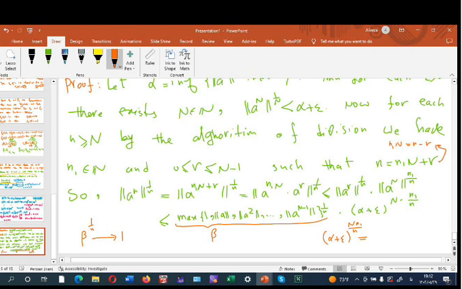Alpha plus epsilon to the power of (n minus r) divided by n, and this is equal to alpha plus epsilon to the power of 1 minus r divided by n.